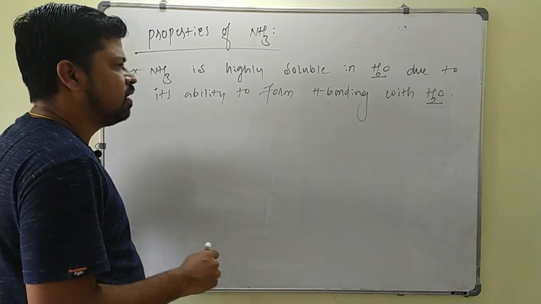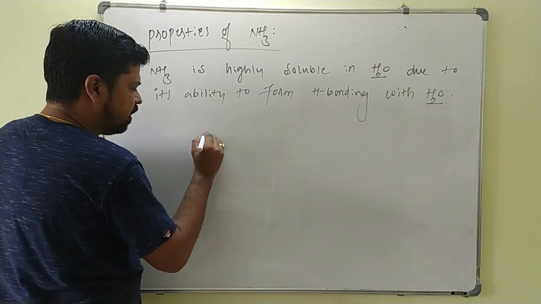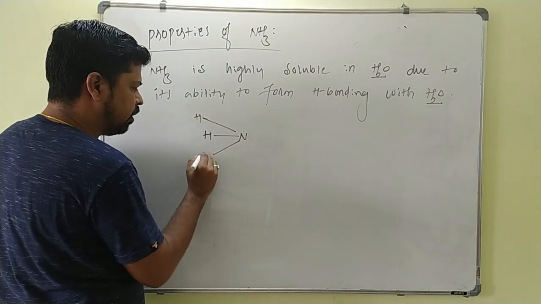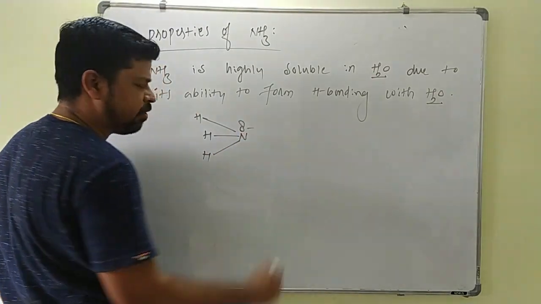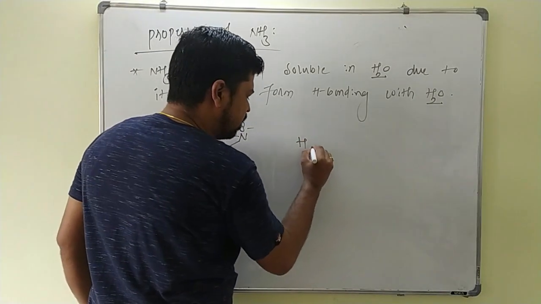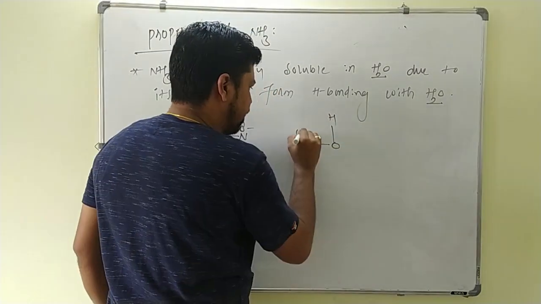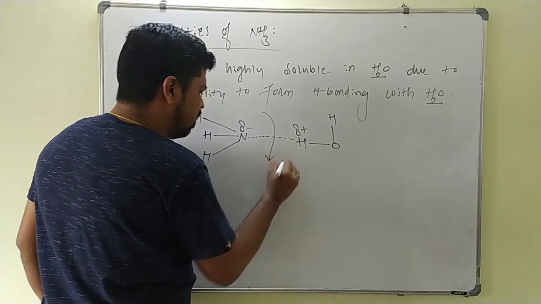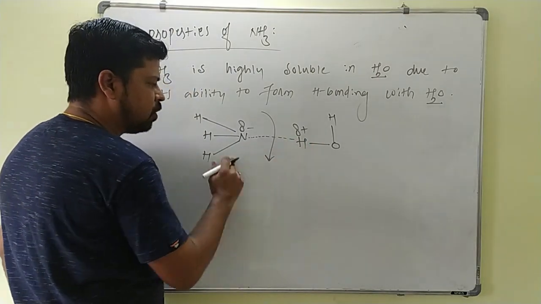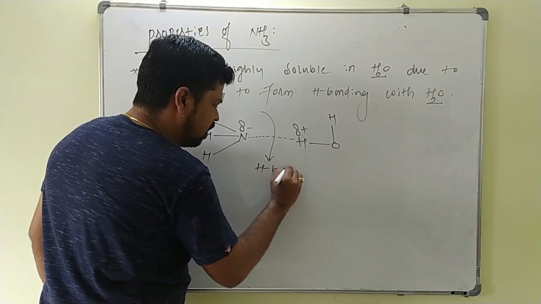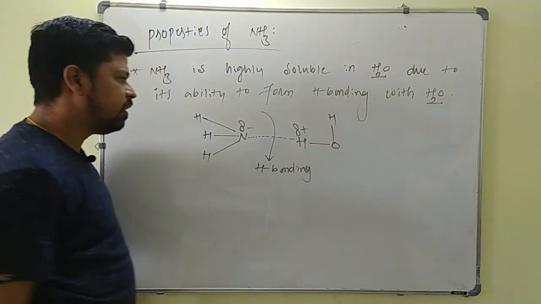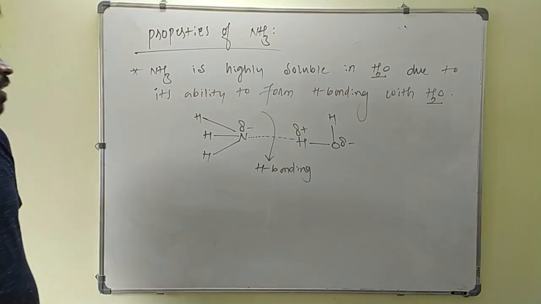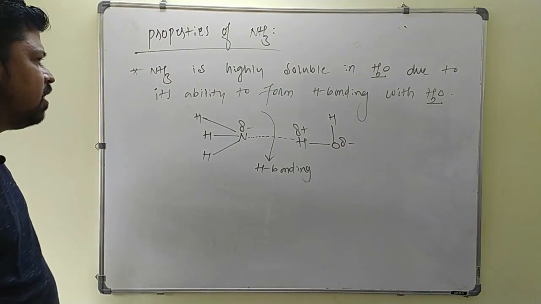So we can see the hydrogen bonding present between the ammonia molecule and this water molecule. See here, nitrogen is the electronegative element and this is the water, H2O, and the hydrogen is electropositive. Again, there is a formation of hydrogen bonding between the ammonia molecule and the water molecule. Because of this, ammonia is soluble in water. You can take this as a partial negative charge. This is the formation of hydrogen bonding with water.